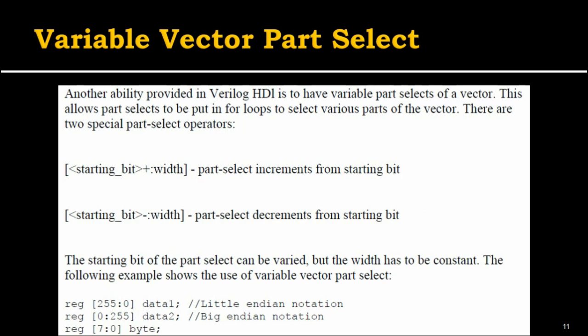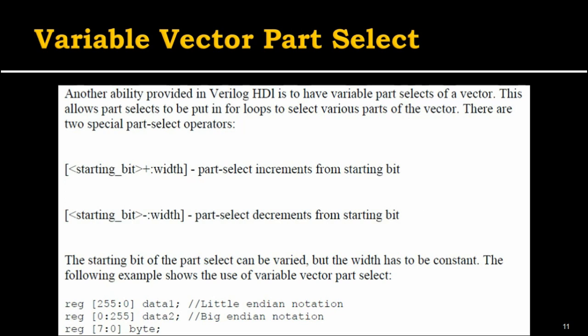The format is starting bit plus colon width, and starting bit minus colon width. The starting bit of the part select can be varied, but the width has to be constant. The following example shows the variable part select.